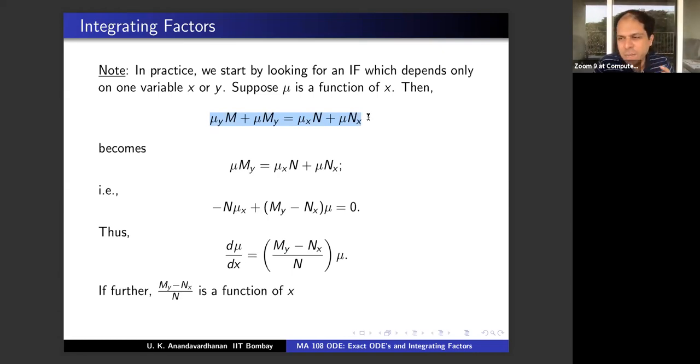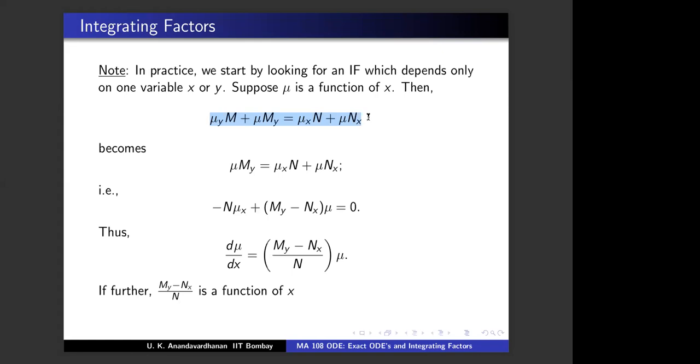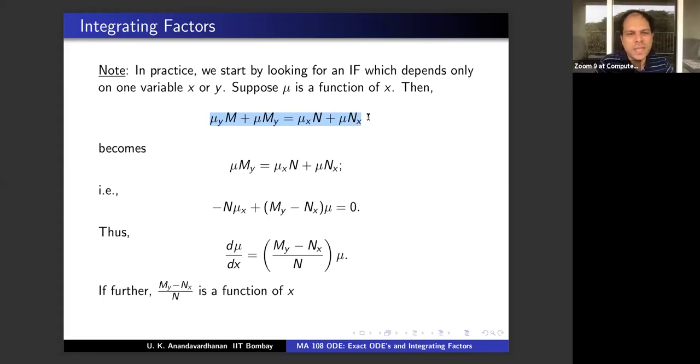I mean, we will come to a situation where the integrating factor is not a function of x alone, not a function of y alone. It may be a function of x and y, which may not be all that difficult, but you might need a lot of practice in order to guess it. You have to guess the mu, sir. Hmm? Did we guess mu in that case? That is only practice. There's no well-known method.